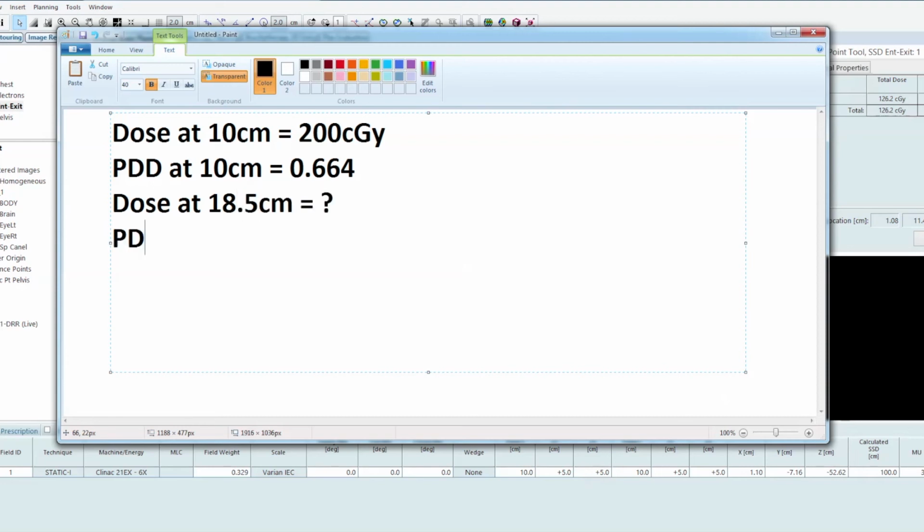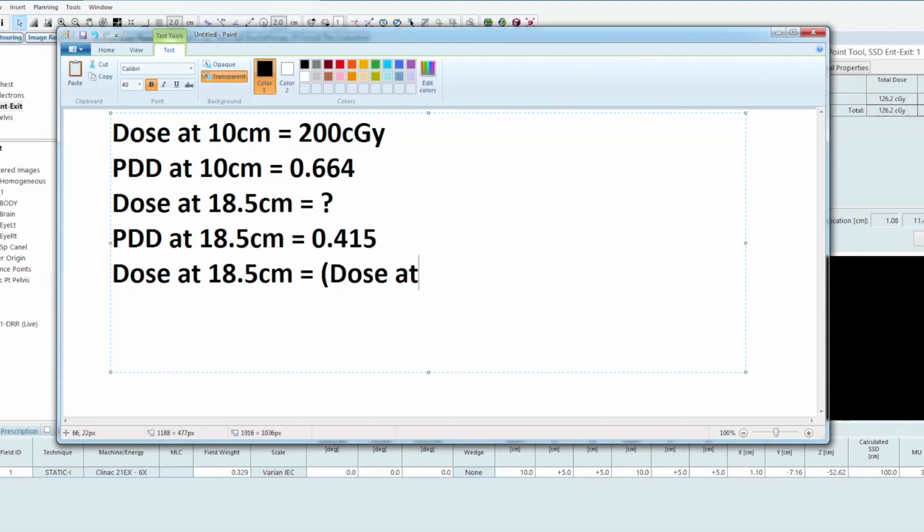I don't know, but I do know that my PDD at 18.5 cm is 0.415. So what we can say is, dose at 18.5 equals dose at 10 centimeters times PDD at 18.5 divided by PDD at 10.